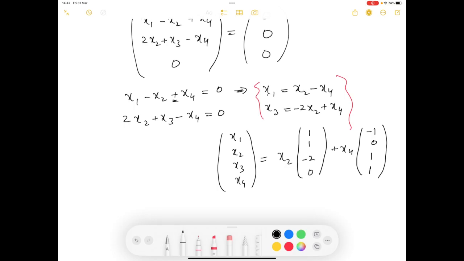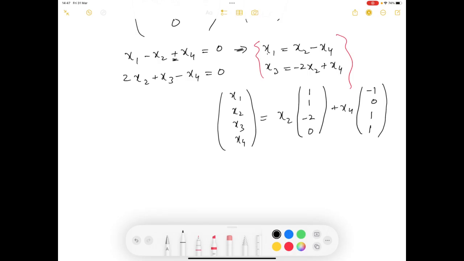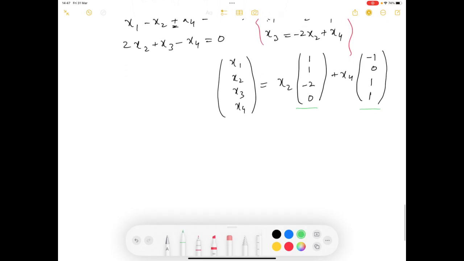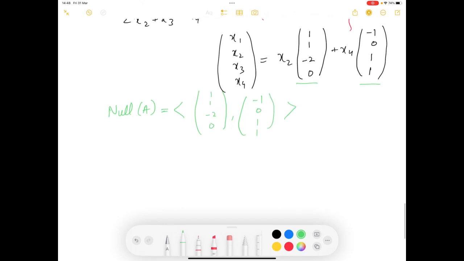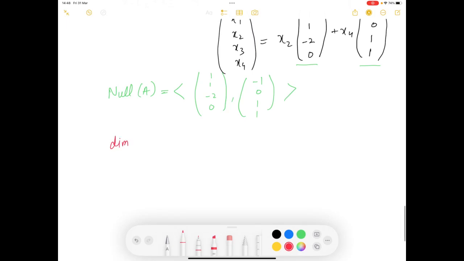It means that all those vectors which are in this kernel can be written as a linear combination of these two vectors, which means that the null space of A is generated by these two vectors, 1, 1, minus 2, 0 and minus 1, 0, 1, 1, and the dimension of the null space of A is equal to 2.